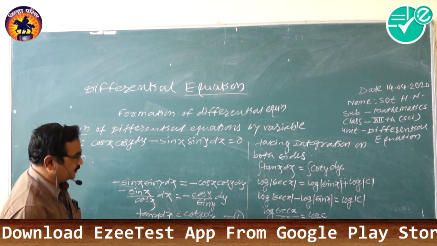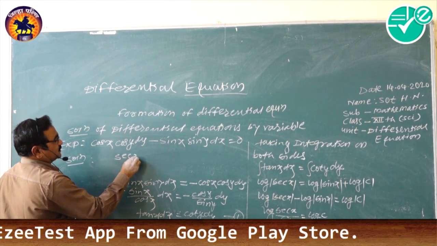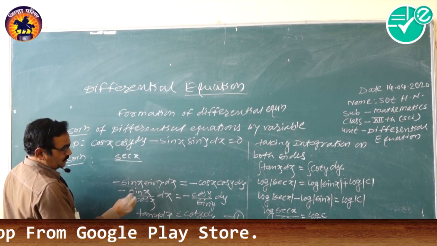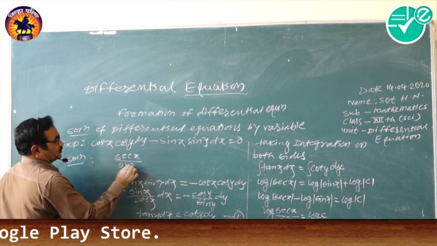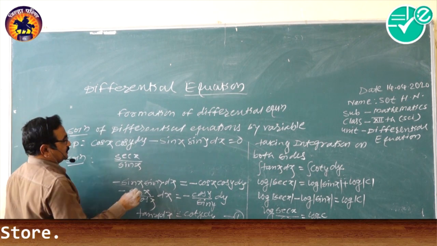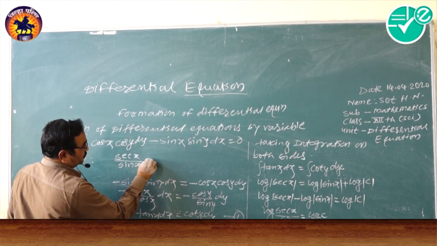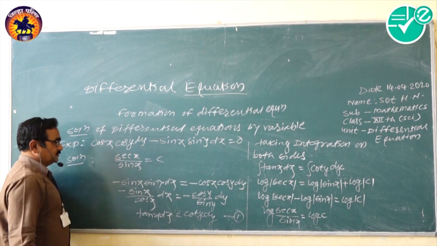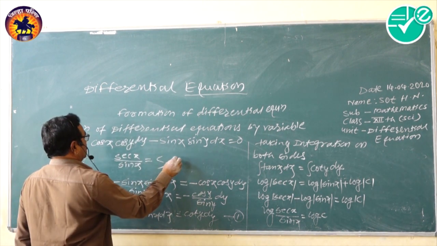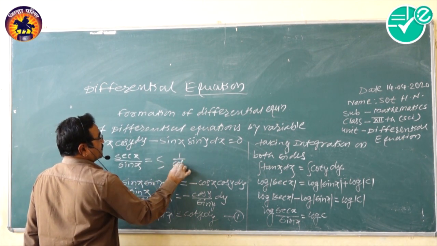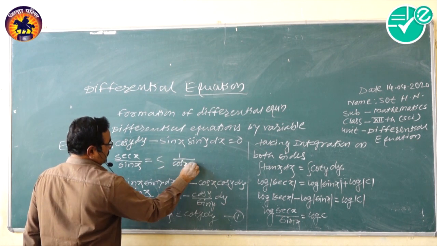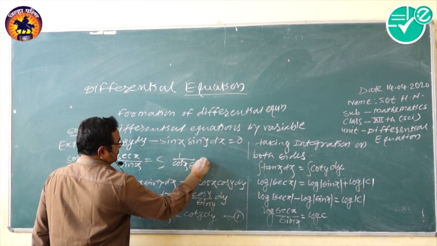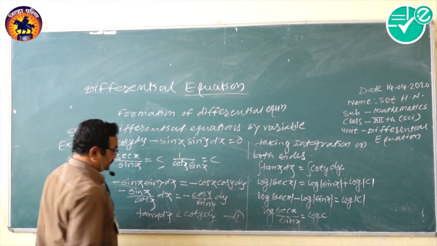Then the equation becomes sec x upon sin y equal to c, that is 1 upon cos x into sin y equal to c.